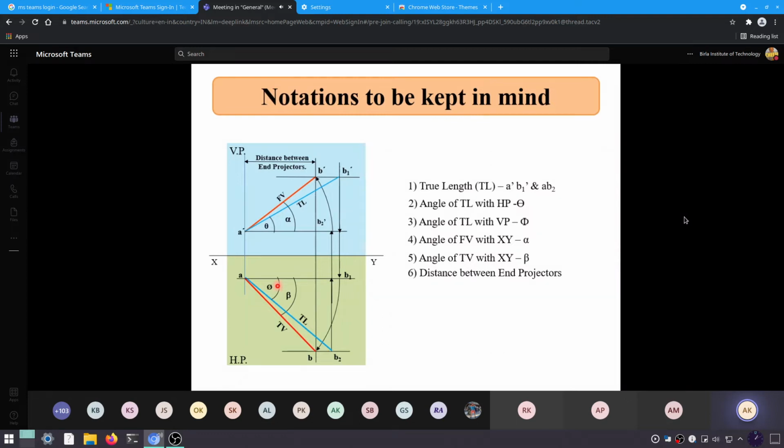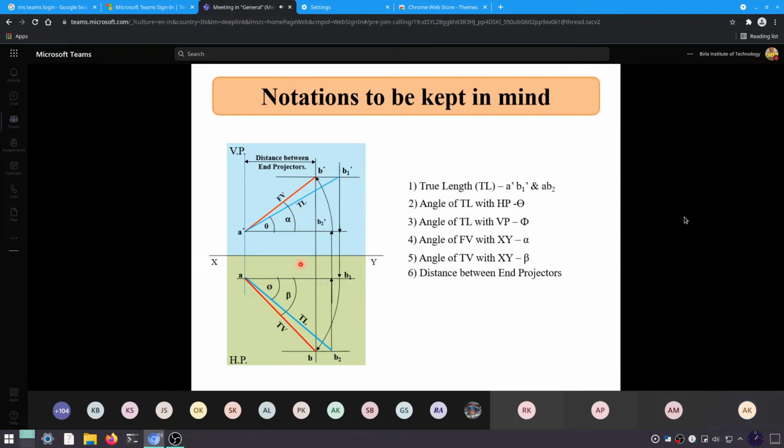So what do I mean by XY? The true length is making this much inclination with the vertical plane, and the true length is making this much inclination, that is theta inclination, with the horizontal plane, right?